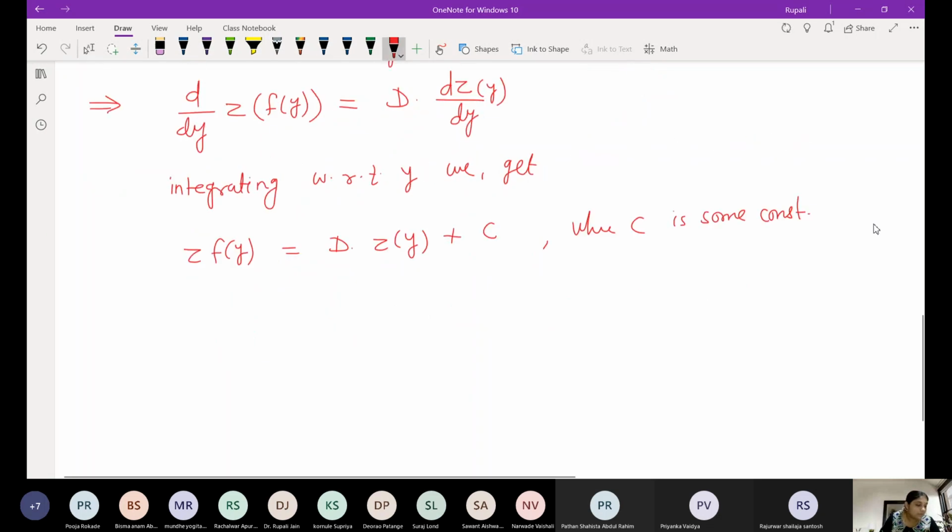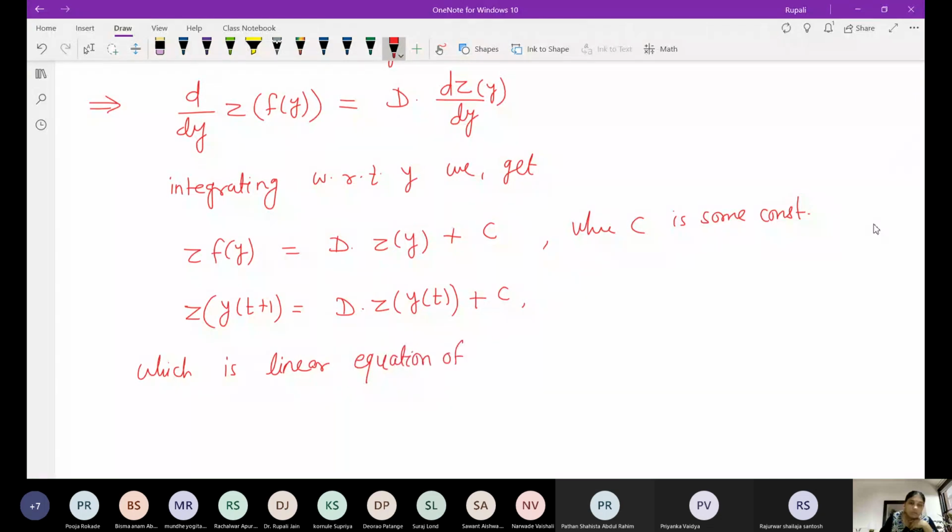Is that okay? But what is my f of y? f of y I can write as y at t plus 1, which is equal to d times z of y of t plus constant c, and which is in linear form, a linear equation of first order with constant coefficients.